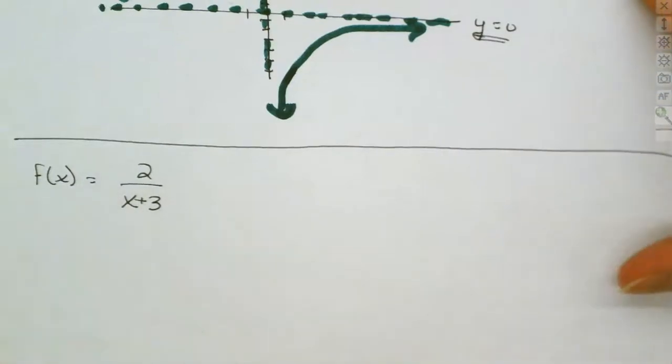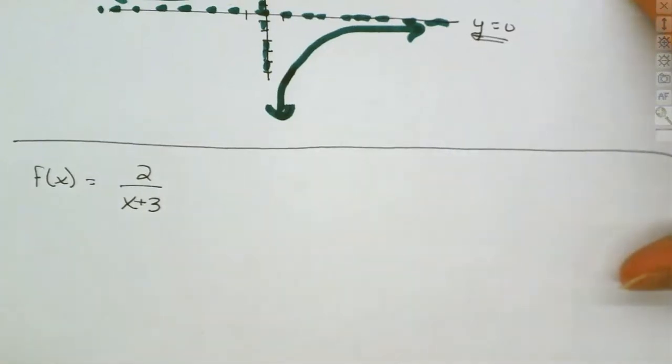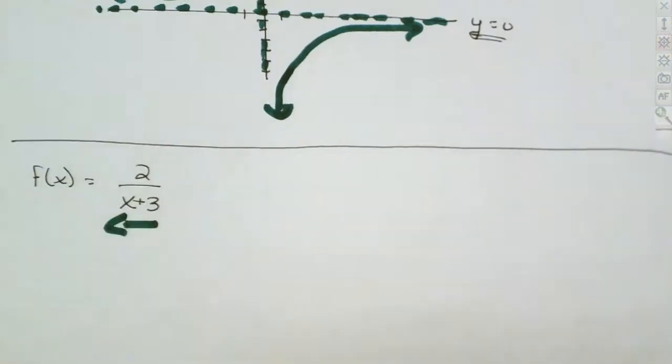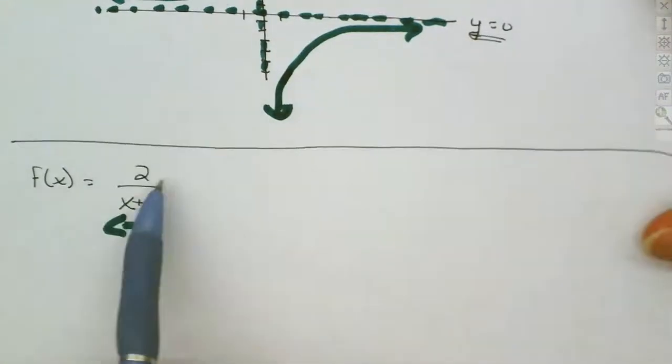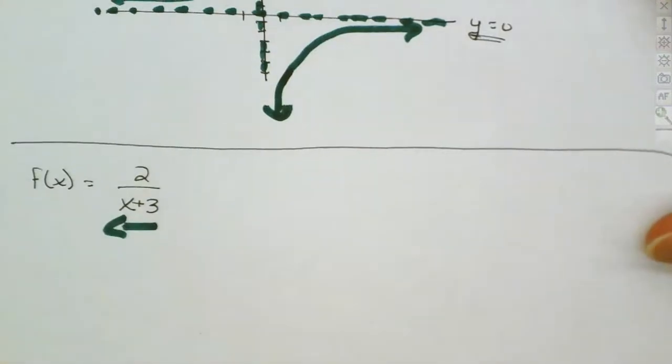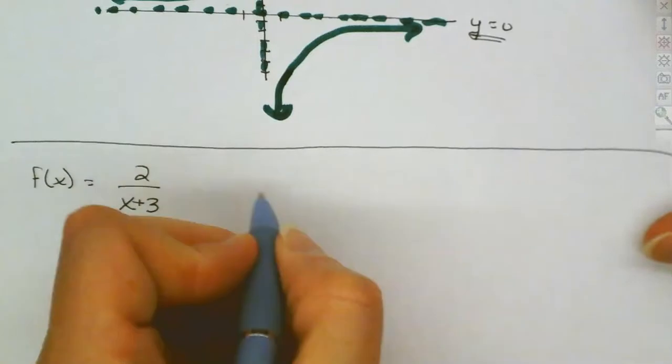Opposite of what you think it's going to do. It's a positive 3, isn't it? And so you would normally think it would go to the right, but you're actually going to go back to the left. Are we going to move it up or down any? No, nothing's on the end. If there would have been like a +5, then you would move it up 5. But nothing's on the end. So where's my vertical?